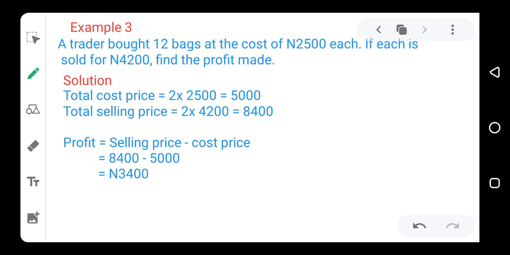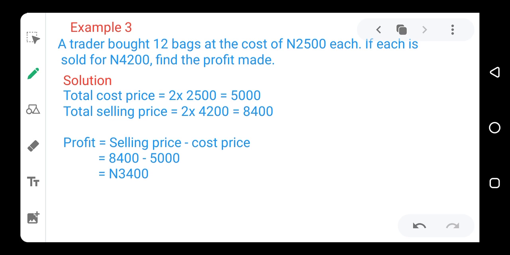Now example 3. A trader bought 12 oranges at the cost of 2,500 naira each. If each is sold for 4,200 naira, find the profit made.